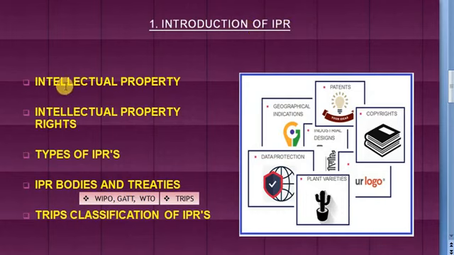So what is IP or intellectual property? The definition says that intellectual property refers to creation of the mind, such as inventions, literary and artistic work. The most noticeable difference between intellectual property and other forms of property, such as land, estate, house or jewelry, is that intellectual property is intangible.